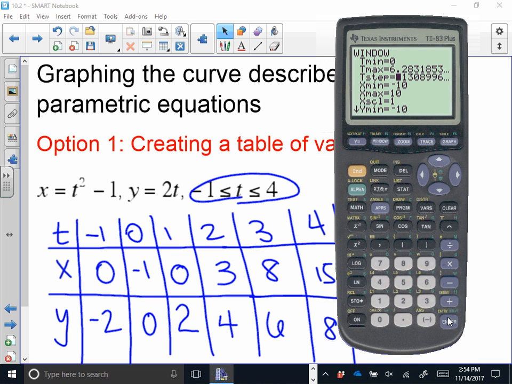You should always be in radians unless you are finding an angle using sine, cosine, or tangent. Wait, I changed the T step. T-step needs to stay as is.